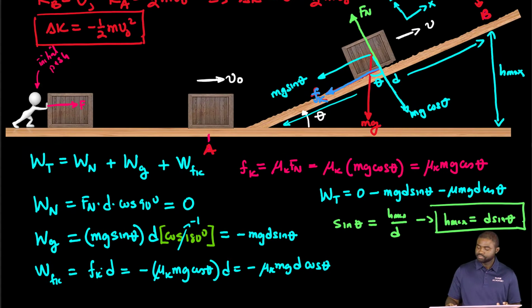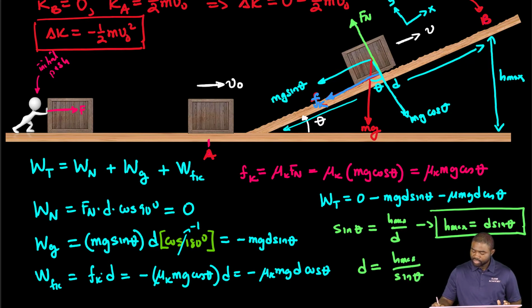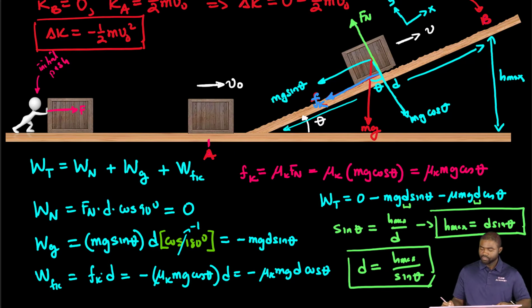That's what we know. Another way of seeing this is that d is equal to h max divided by the sine of theta. So all we have to do is replace this d and that d.